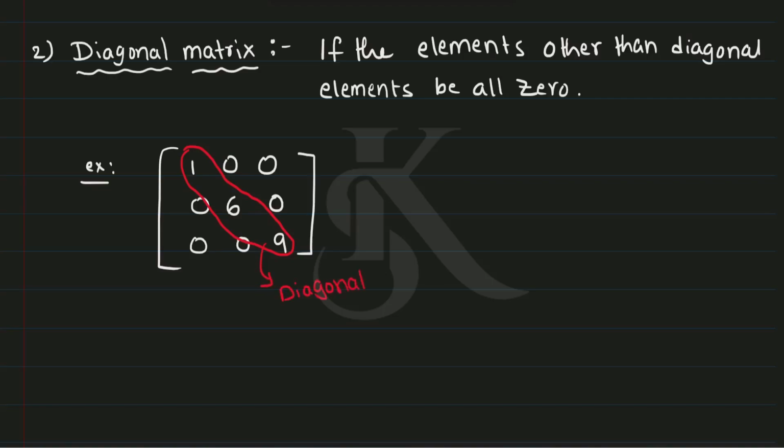Only the diagonal values remain, and in every other position it is 0. Just take a screenshot of it. You will find the values on the diagonal only. Other than the diagonal, we will find the 0 values.